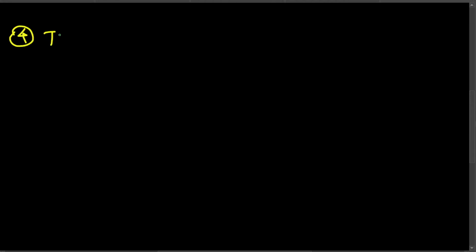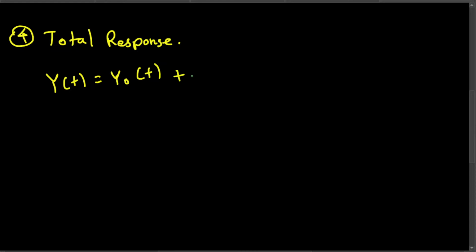For the total response, y of t is equal to y zero input of t plus y zero state of t. The zero input response is the first one we found, that is 2 minus e power negative t u of t.